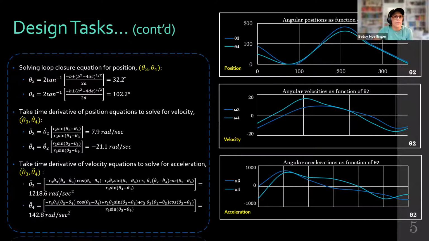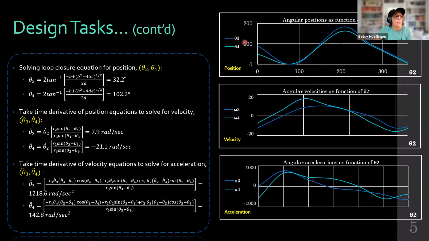So further on the design text, this is the complete analytical kinematic analysis that you'll see on the screen. First, I solved the loop closure equation for positions. So for theta3 and theta4, I found theta3 to be 32.2 degrees and theta4 to be 102.2 degrees.